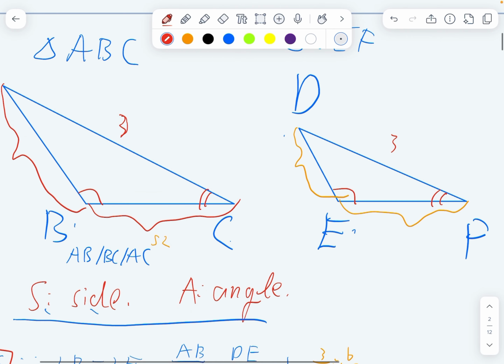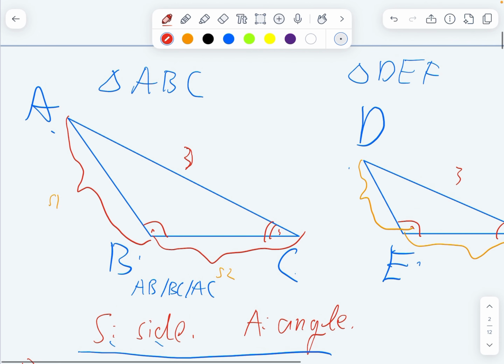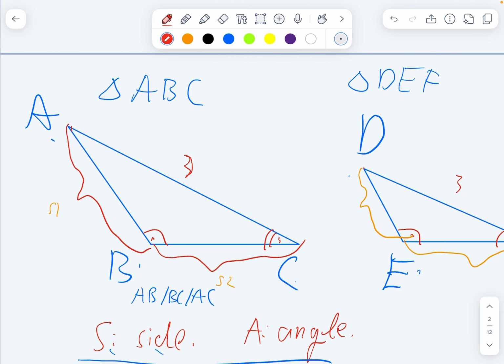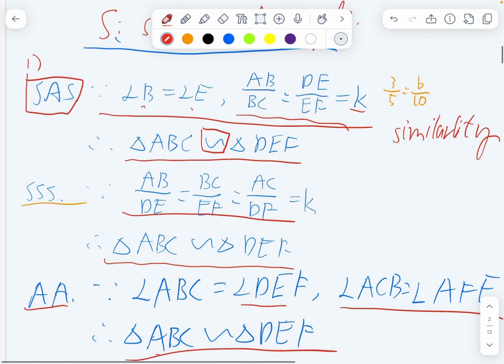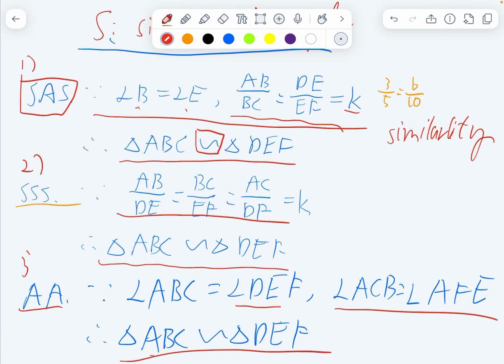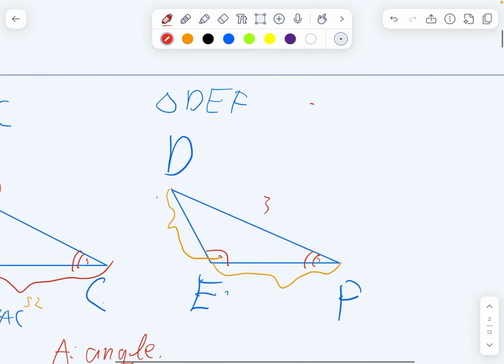That means we can cancel the two angles here and directly get the third, so angle A equals angle D. So we have three methods, three conditions, to get similar triangles.